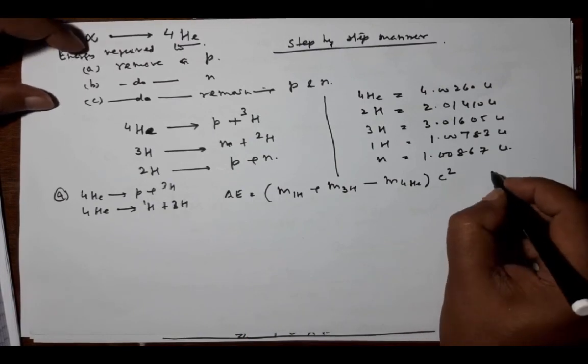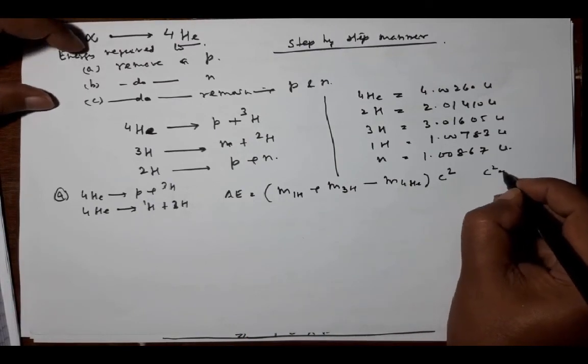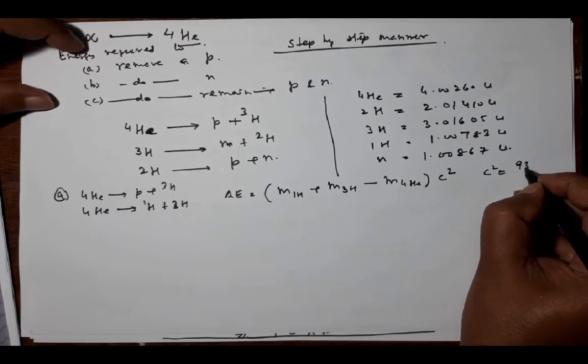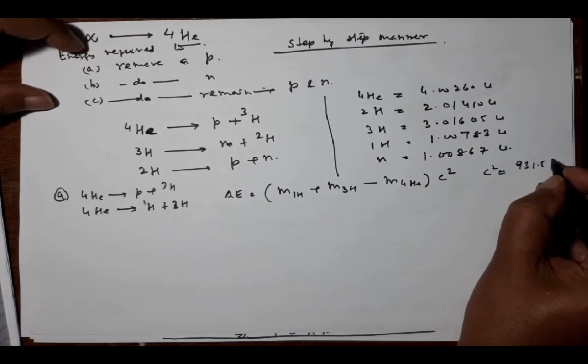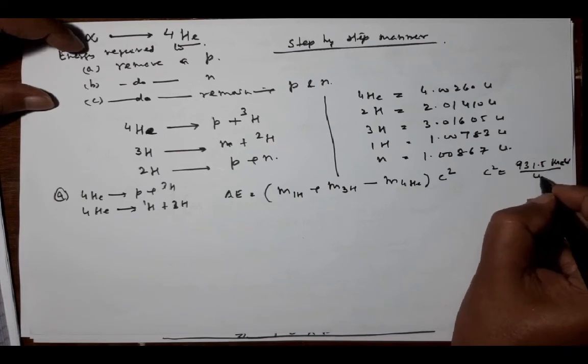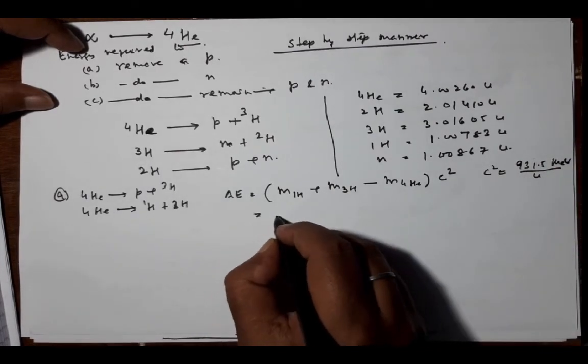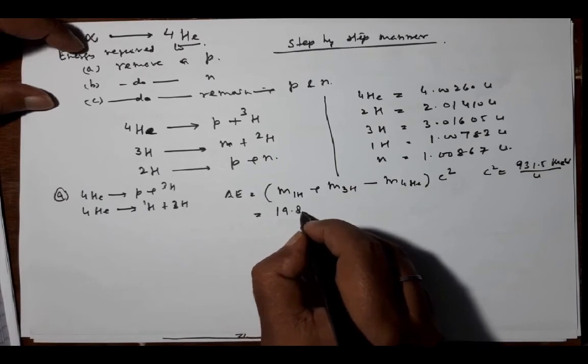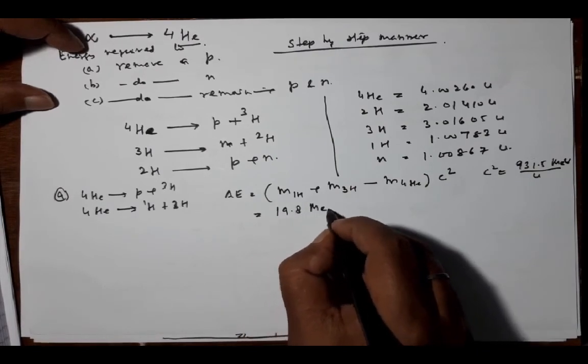If you write as 931.5 MeV per U, you will get as 19.8 MeV.